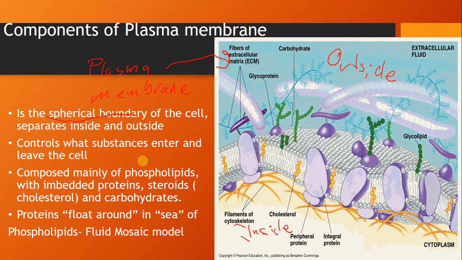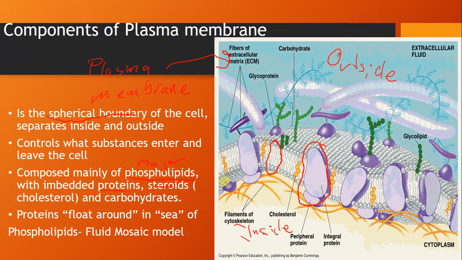The things that it's made of is mostly phospholipids, major component phospholipids. That's what these little balls with two tails, like balloons with two strings, look like. They have embedded proteins, so these purple things are proteins.